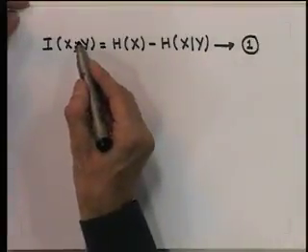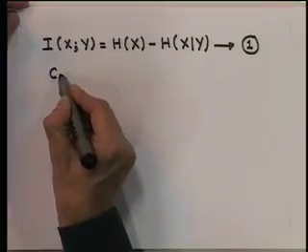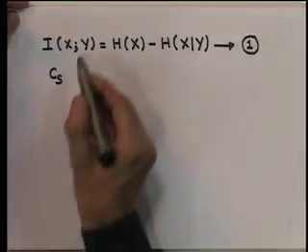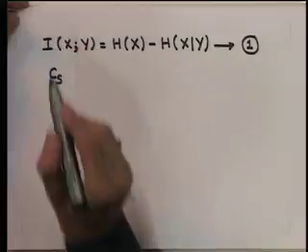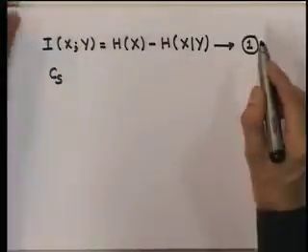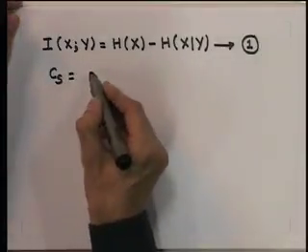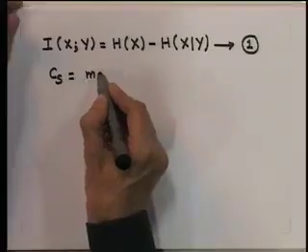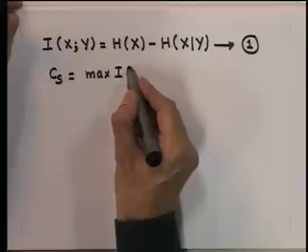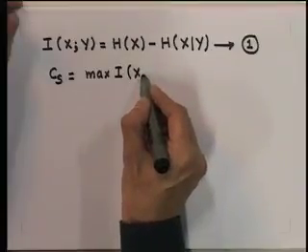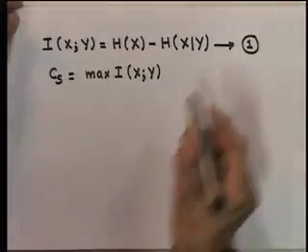Now, we can define the channel capacity Cs as the maximum amount of information on the average per sample or per value transmitted. So, Cs is equal to maximum of the mutual information I(x;y).